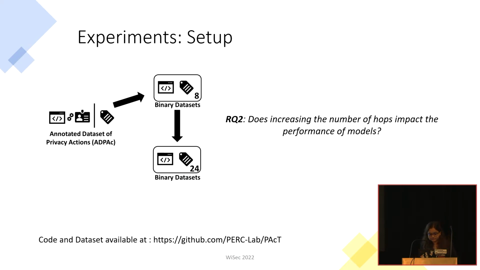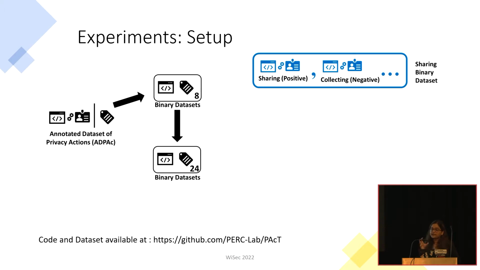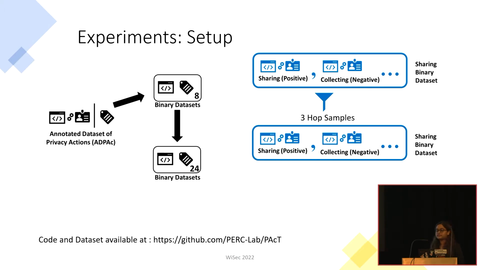Now the question is, how did we make the datasets? First, we collected all the code segments that we used in research question 1 that have up to 3 hops. We filtered them, and if any code segment has more than 1 label assigned to it, we follow the same principle we did for research question 1. For the sharing binary dataset, we consider sharing as positive and all the other labels not assigned to it as negative.